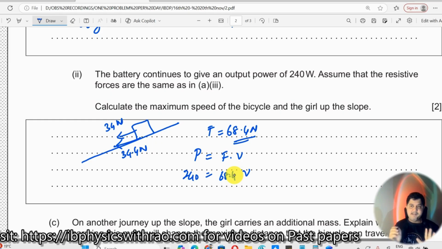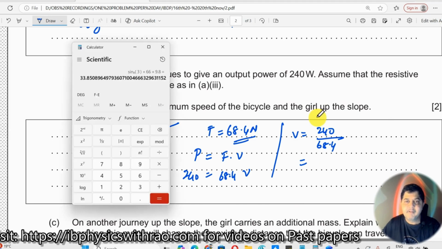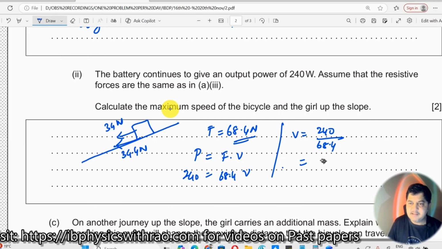Let us do the calculation if you want. 240 divided by 68.4 should be 3.5. I told you, right? So this is 3.5 meters per second.